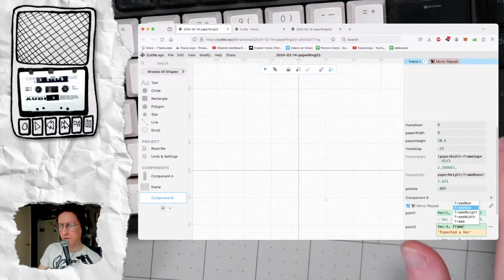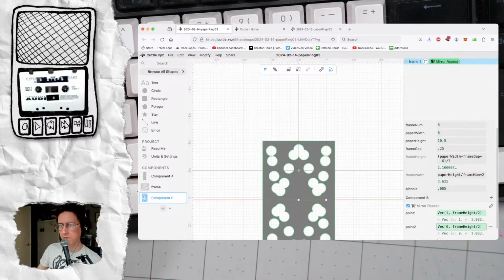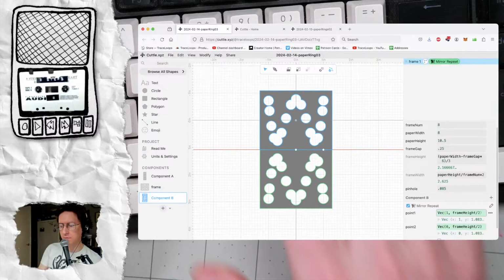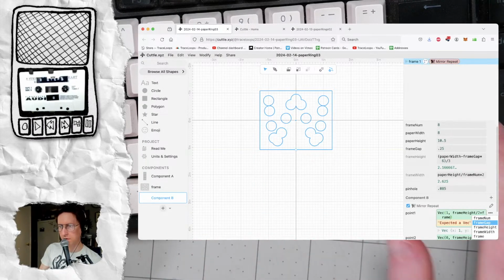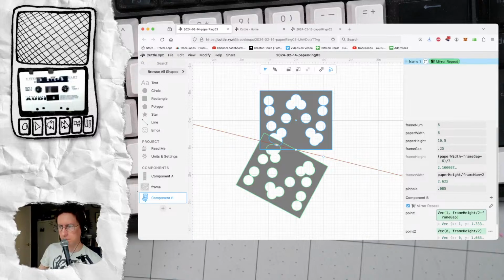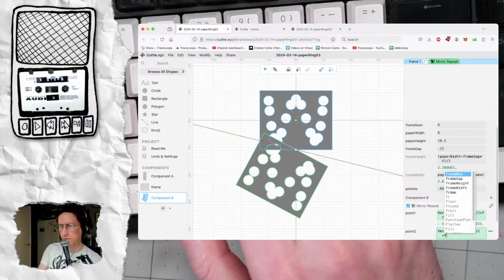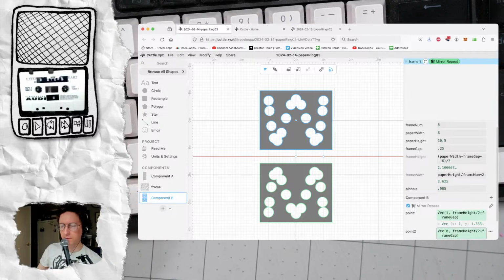Frame height divided by 2 plus frame gap.